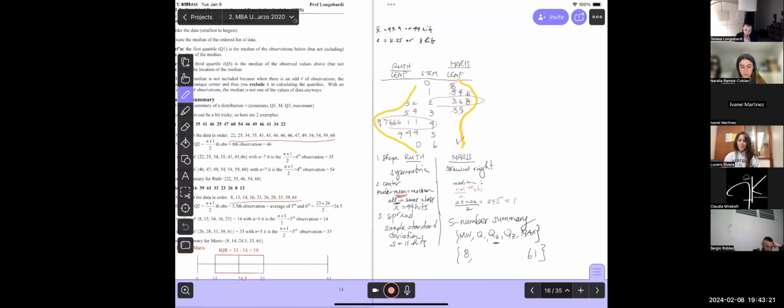It's right here. This is Q2. This is also the median, and this is also the 50th percentile. So what is it? 24.5 hits.